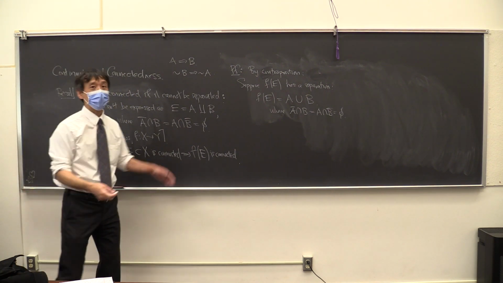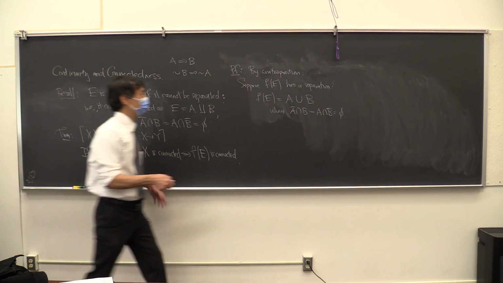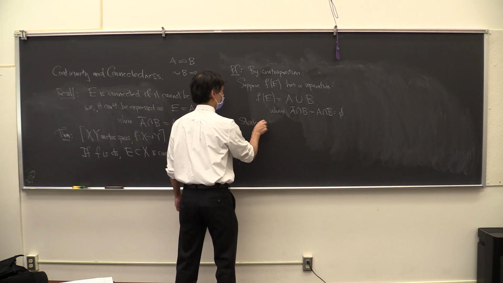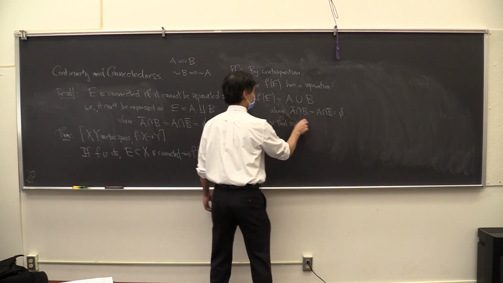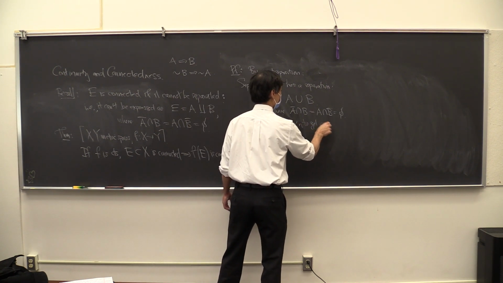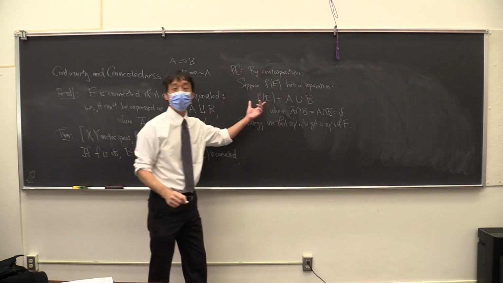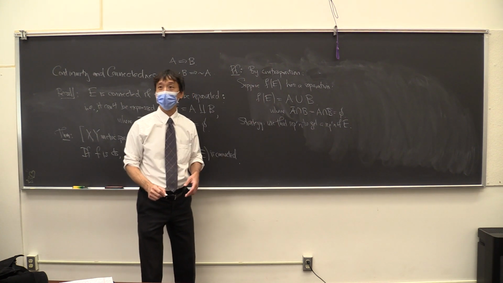And then we're going to use that to get a separation of E. Strategy: use that separation to get a separation of E. We have a separation of the image. Let's pull it backwards and get a separation of the original set.